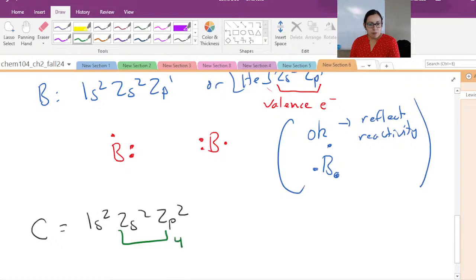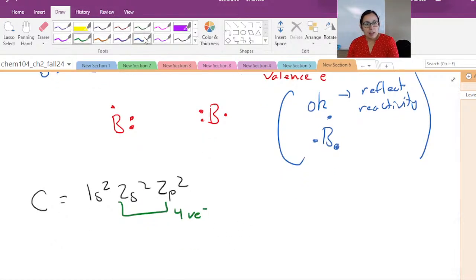And of course, that's 4 valence electrons. And so carbon is the one exception in group 4. We mentioned carbon is the building block of life. It's also special because it likes to make 4 bonds all the time. We said that, and so it's coming up again.